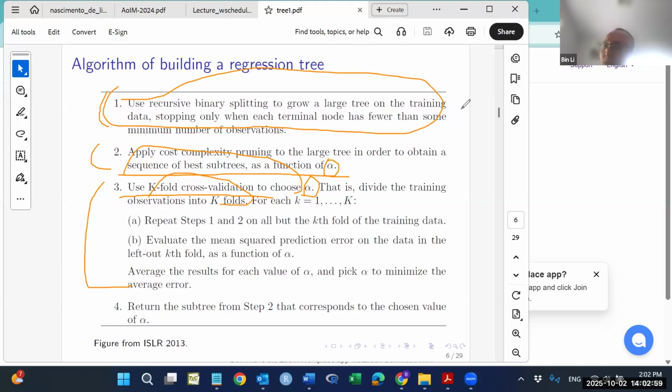So we need to simplify the tree a little bit. We create a sequence of simplified trees based on step 1. And then which tree should we use? That's step 3. Based on cross-validation, we find the best tree. Okay, so that's the tree algorithm.